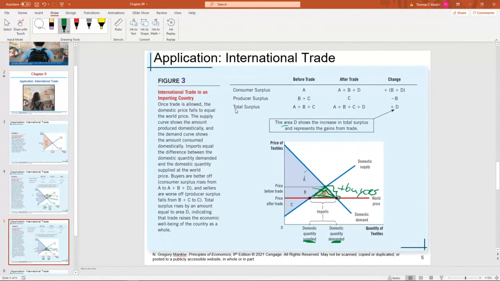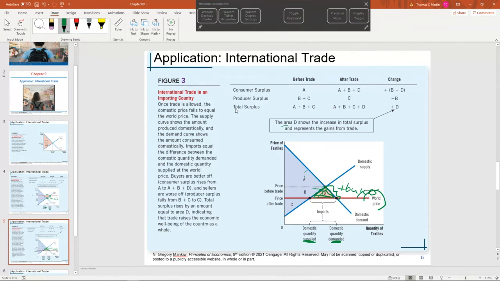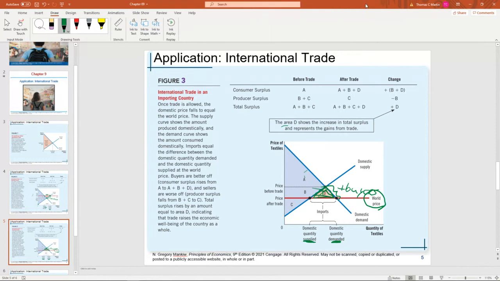When you see these on the test, the way you can eliminate any confusion between the graphs we saw in chapter 8 and chapter 9 is, does it say world price? If it says world price, it's in chapter 9. The main thing we're looking at is what the world price is in comparison to the domestic price.